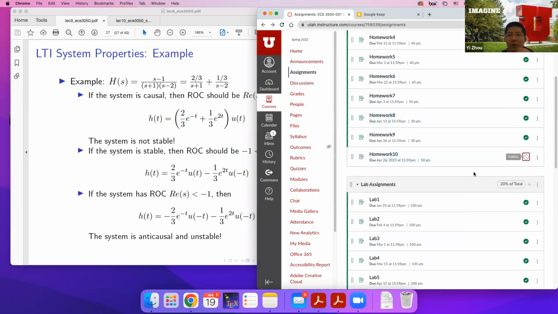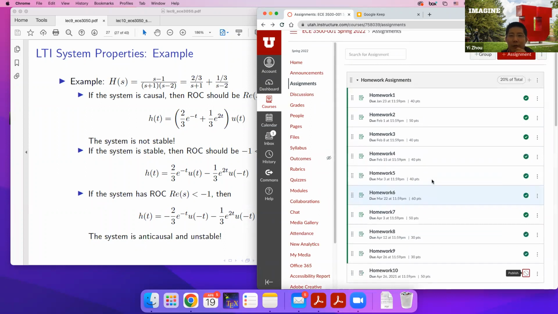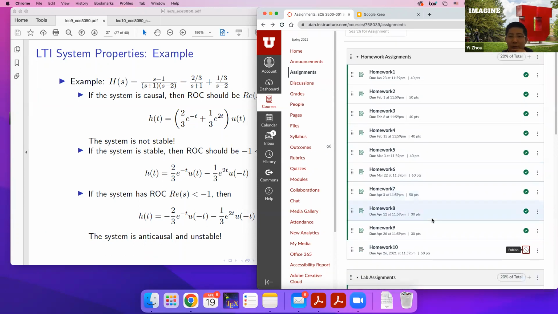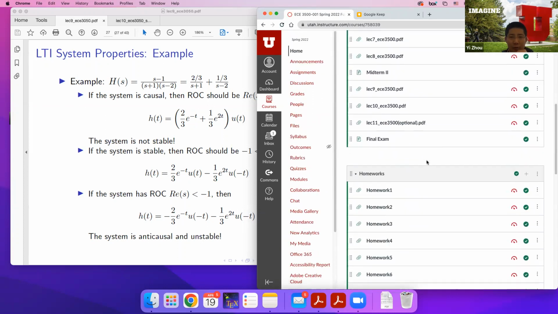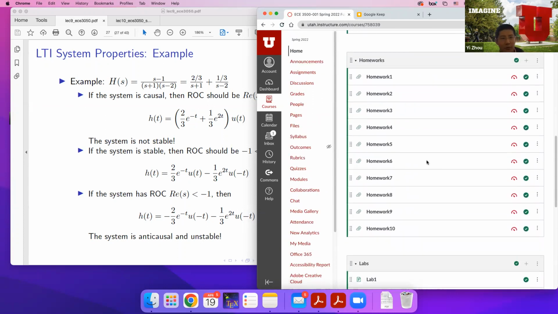Oh, so I can just unpublish that. Let's just count up to homework 9. Homework 10 is removed, so I don't have to recalibrate everything. I will post the solution of homework 10, so you can follow the solution and the homework examples, and also go over the review lectures.